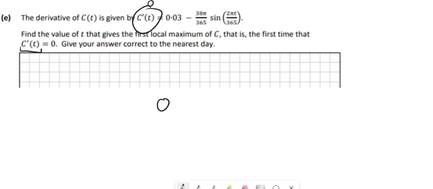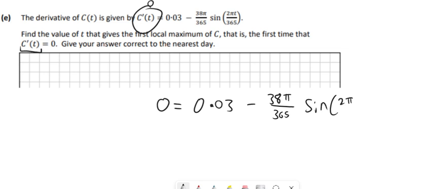So we get 0 is equal to 0.03 minus 38 pi over 365 sin of 2 pi t over 365. And we're just going to solve then.